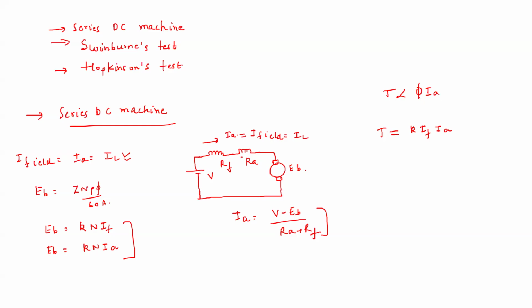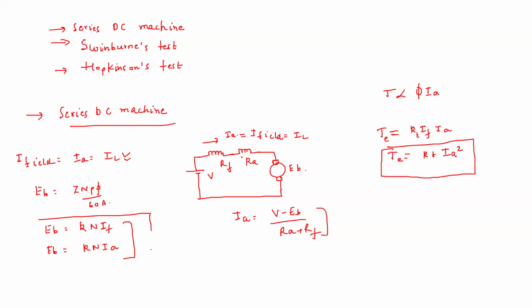Taking the proportionality constant as KT, torque is proportional to IF into IA, and since field current is the same as armature current, it becomes proportional to IA square.